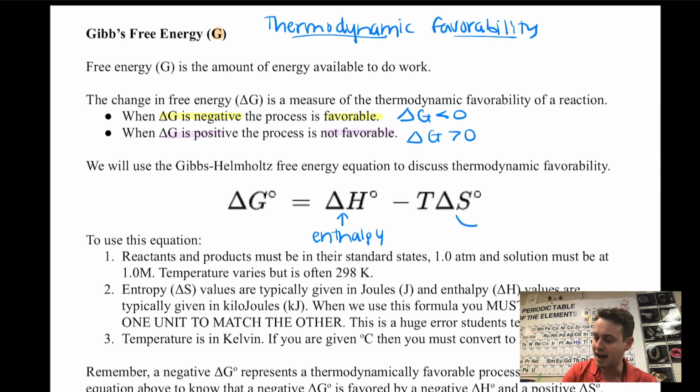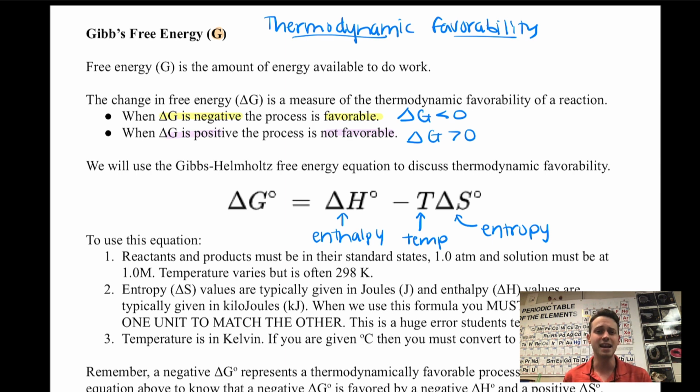We also have delta S, which we talked about most recently, and that is the entropy or disorder, dispersal, randomness in a system. So both of those things are going to have an effect on the thermodynamic favorability of the reaction. You'll also see this guy here. We know him. That is going to be our temperature. So obviously temperature also affects whether a reaction would happen or not.